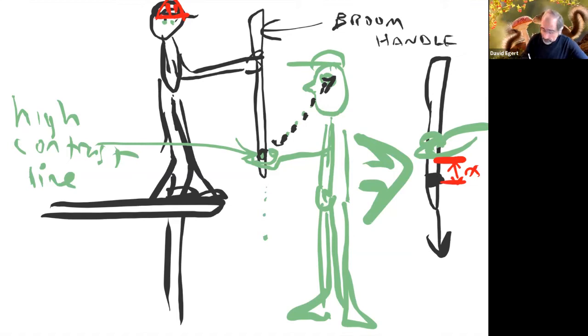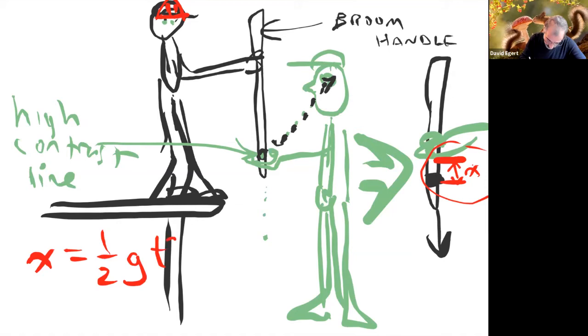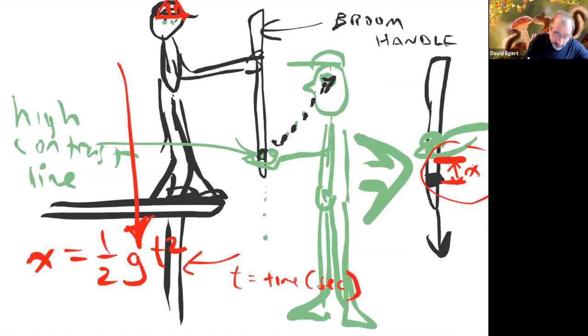So basically, this x here, the distance that it's falling, is just going to be 1/2 g t squared, where t is the time in seconds, and g is acceleration due to gravity. g equals 9.8 meters per second squared.